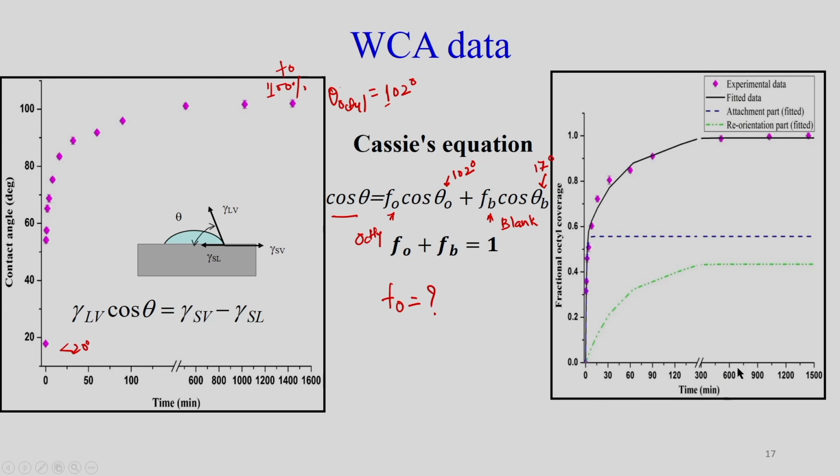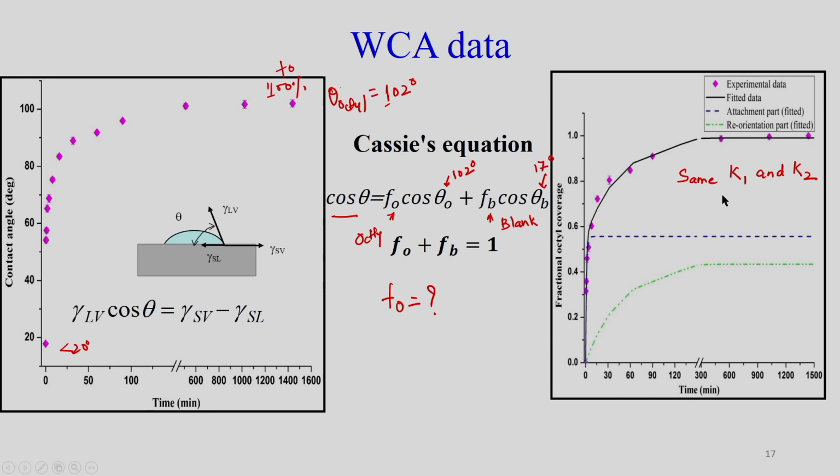So, what we did here, again we applied the same K1 and K2 which we got from the FTIR data. You just see the dot points are the experimental data and the black line is the fitted data. So, again with the same K1 and K2 these experimental data are very well fitted.